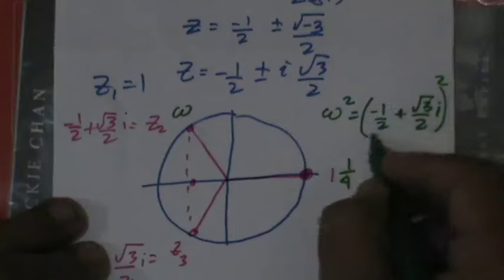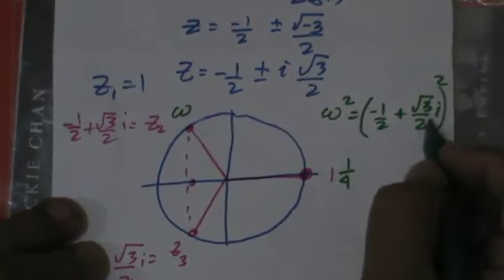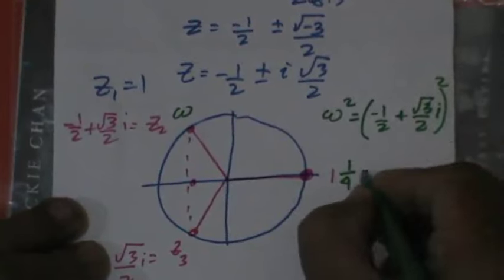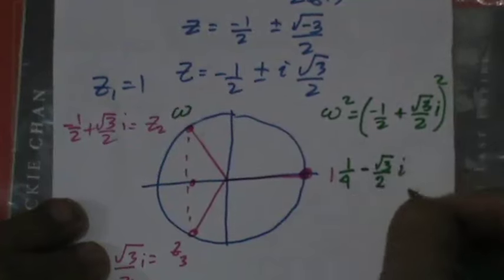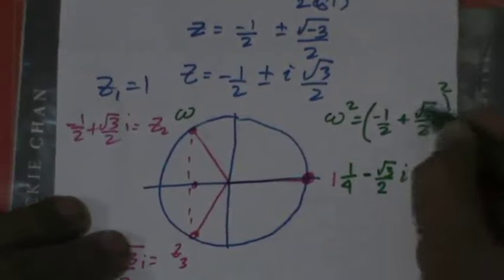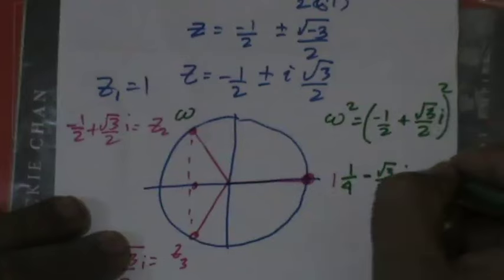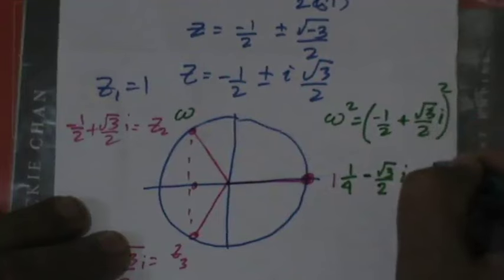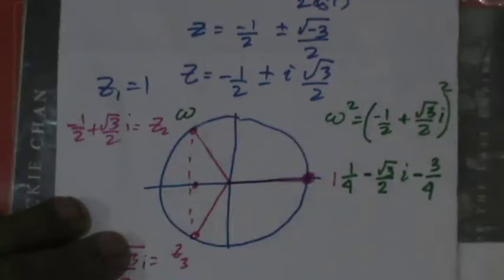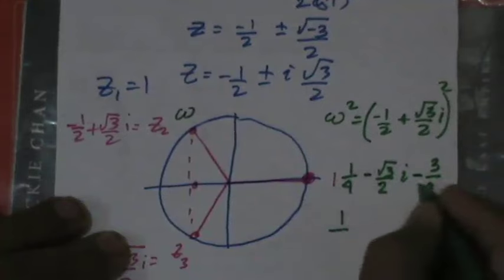So 2 times negative half is negative 1, times the square root of 3 over 2 i, that will give me negative square root of 3 over 2 i. And the square of i squared is negative 1, so that is negative square root of 3 over 2 squared, that is actually 3 over 4. And look at that one. That's equal to 1/4 minus 3/4.